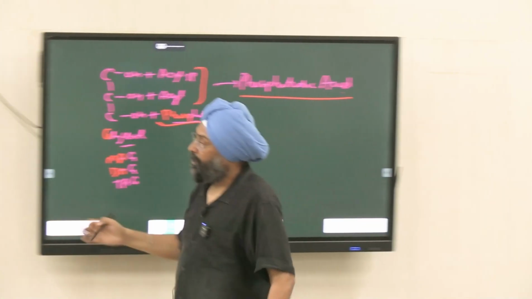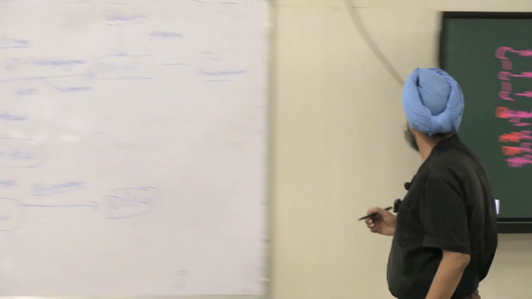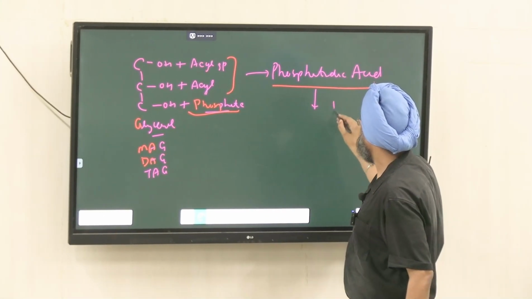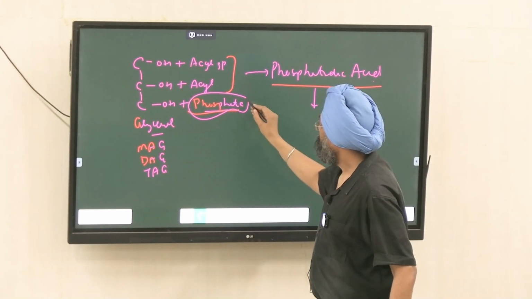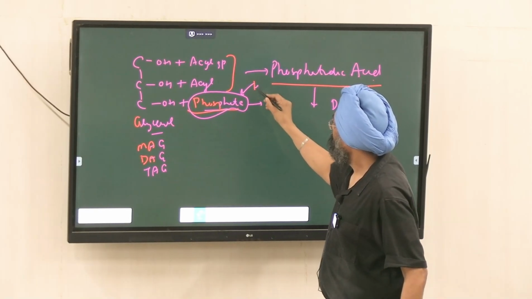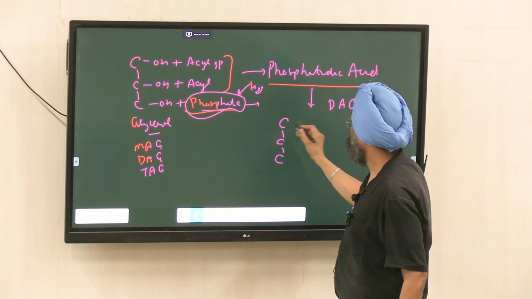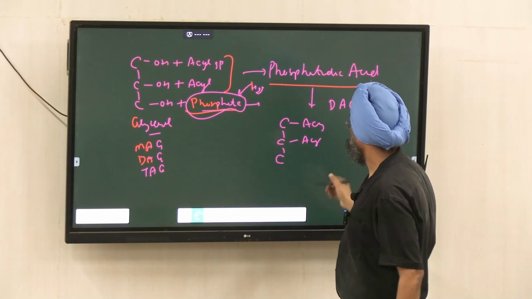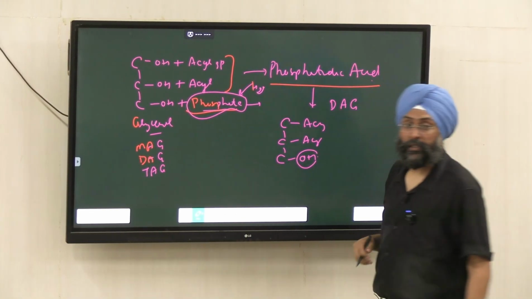But now we are doing phosphatase. That means we are hydrolyzing the phosphate. So what will we get? Diacyl glycerol, because this phosphate is removed by water. So we'll get 1, 2, 3, 1 acyl, 2 acyl, diacyl glycerol.